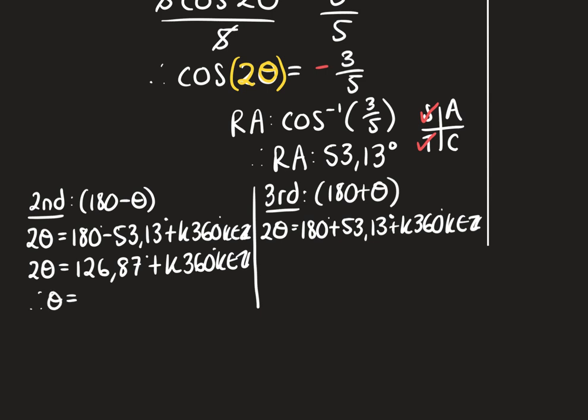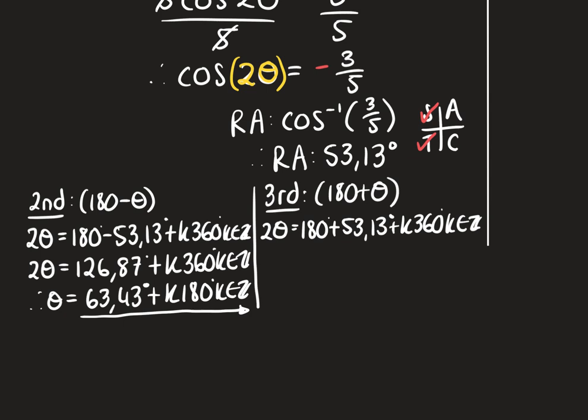So now we've got theta is equal to 63.43. A lot of people forget this, and they forget to also divide the K360 by 2. If you're dividing everything by 2, everything in that equation needs to be divided by 2. And that is my general solution, guys, for the second quadrant.